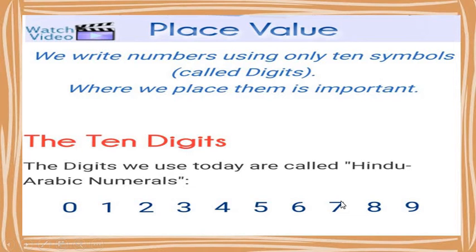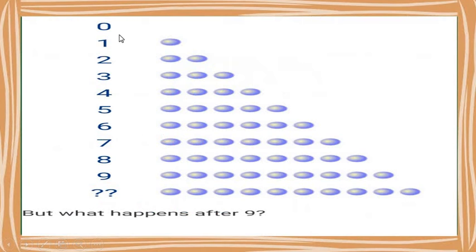They don't have any companion or any other number with them. But what happens after 9? Look at these numbers carefully, my dear students. These all numbers stand alone. They don't have any companion with them. Okay?